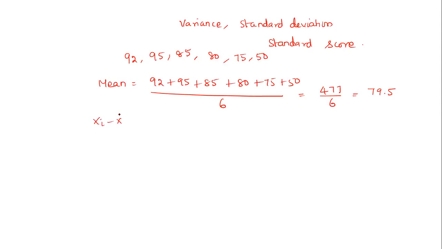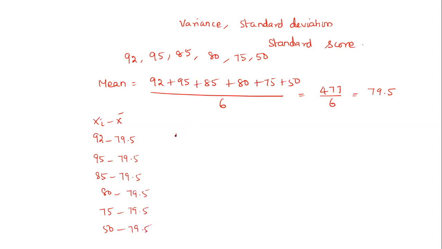Now let's take xi minus x bar. So xi is 92, so 92 minus 79.5, and 95 minus 79.5, 85 minus 79.5, 80 minus 79.5, 75 minus 79.5, and 50 minus 79.5.